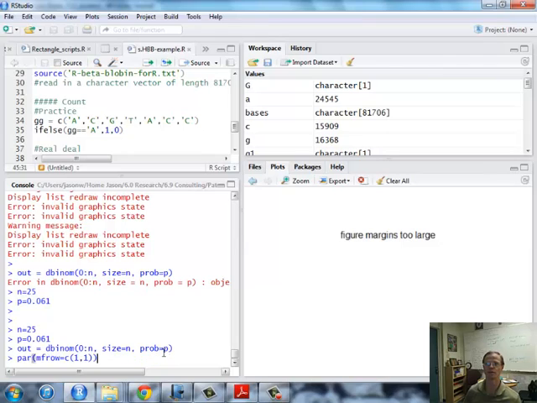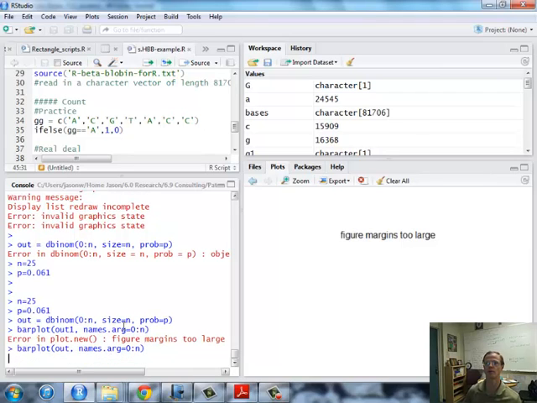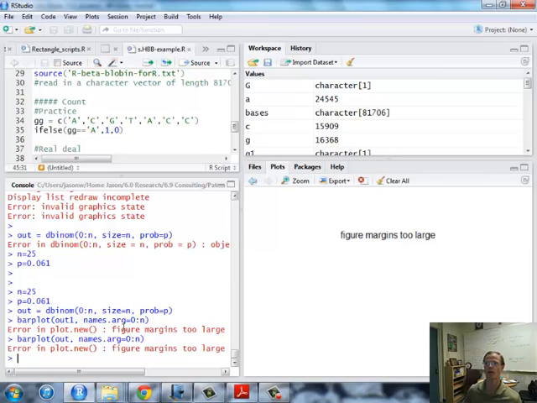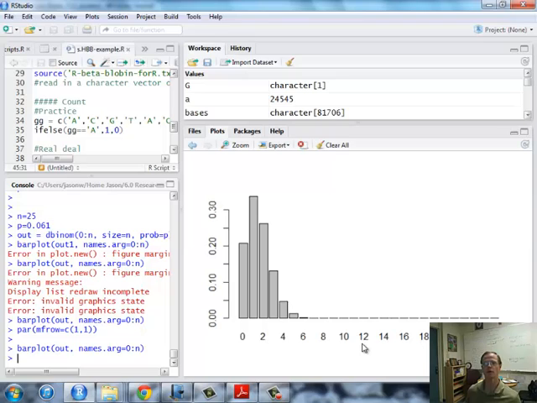Now let's run the bar plot. Okay, I need out, and let's do 0 to n. Okay, figure margins too large. That's out 1. Okay, there it is.